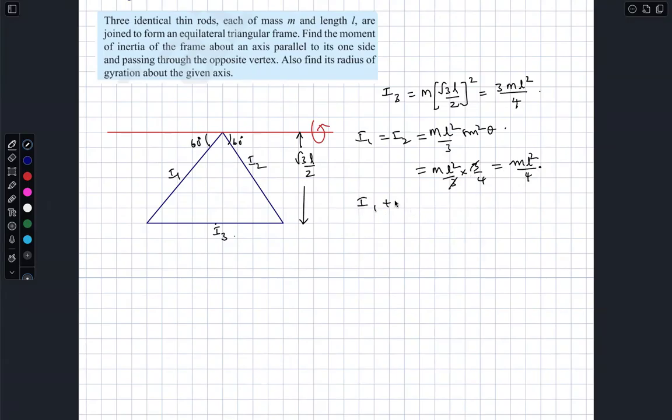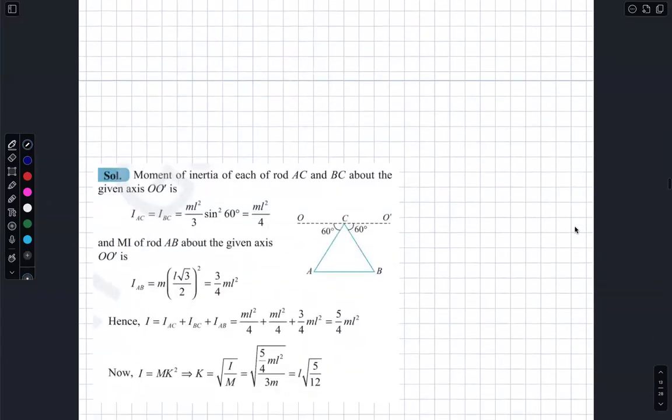Therefore, total I1 plus I2 plus I3 is ML square by 4 plus ML square by 4 plus 3 ML square by 4, which totals 5 by 4 ML square. If you have any doubt, ask me, else I'll close this. Next question.